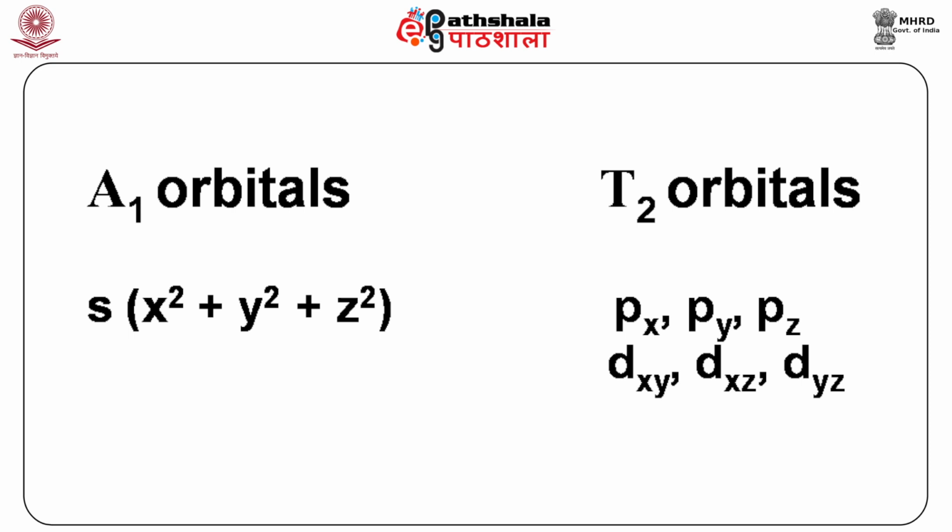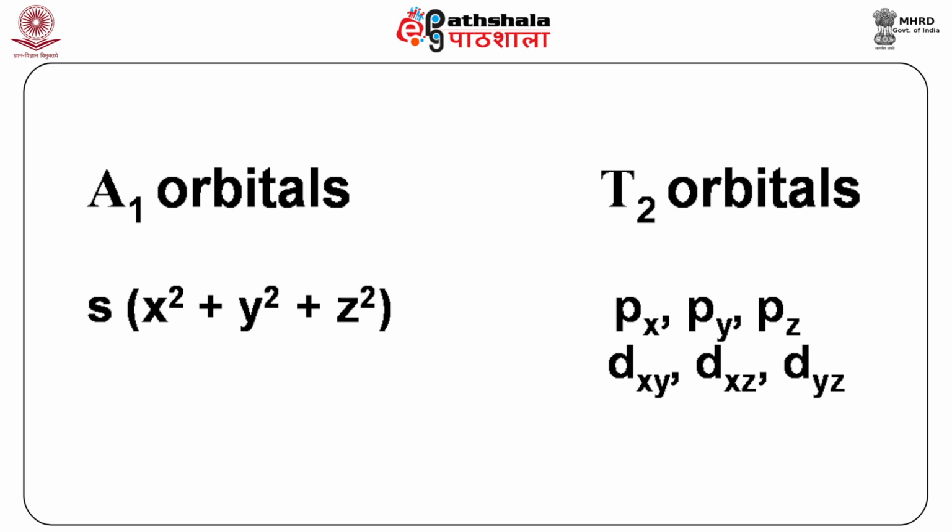We can now construct the molecular orbital diagram by combining the atomic orbitals of the central metal with the respective SALCs of corresponding symmetry on the ligands.